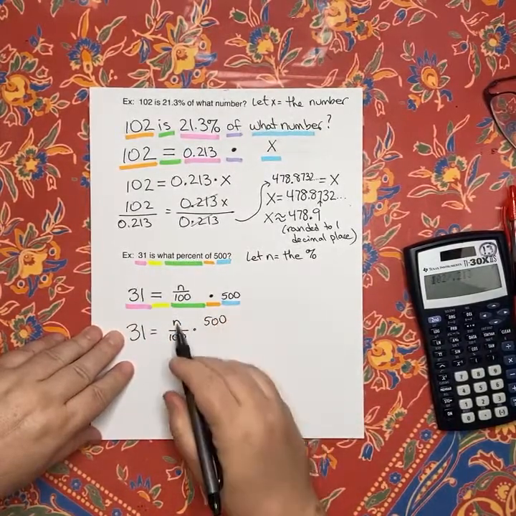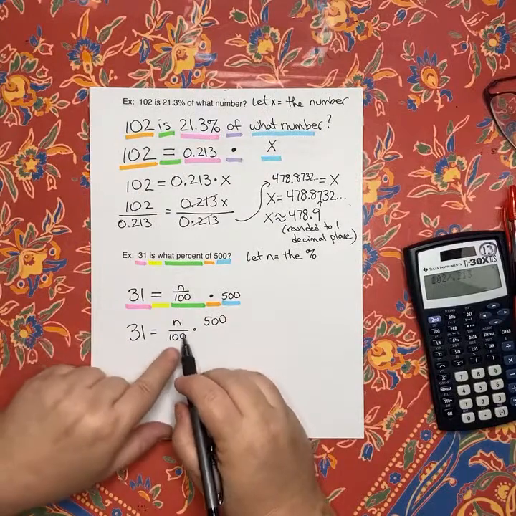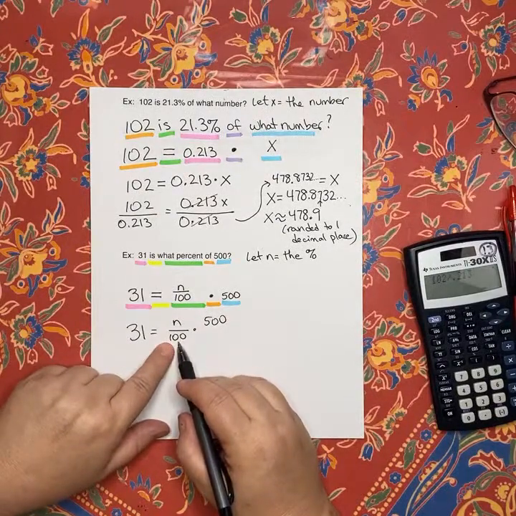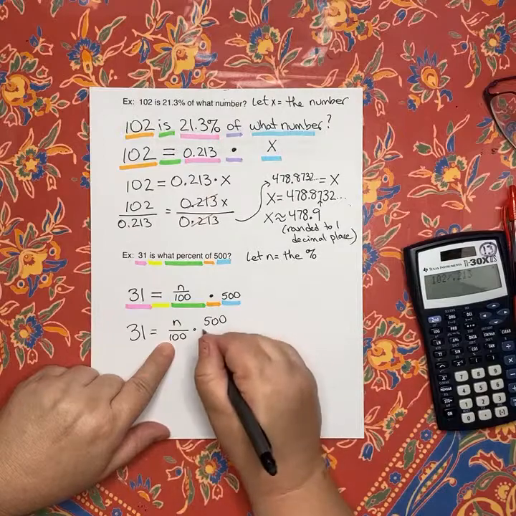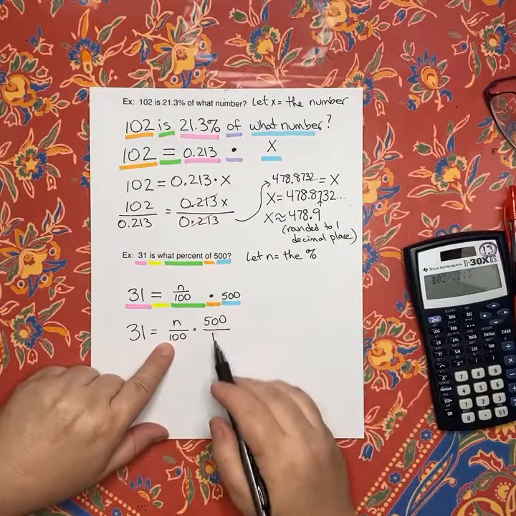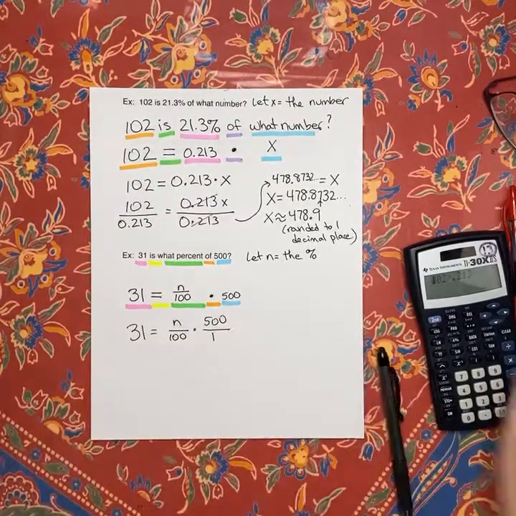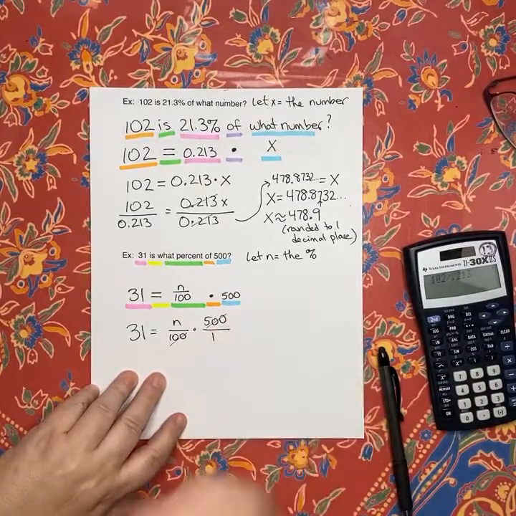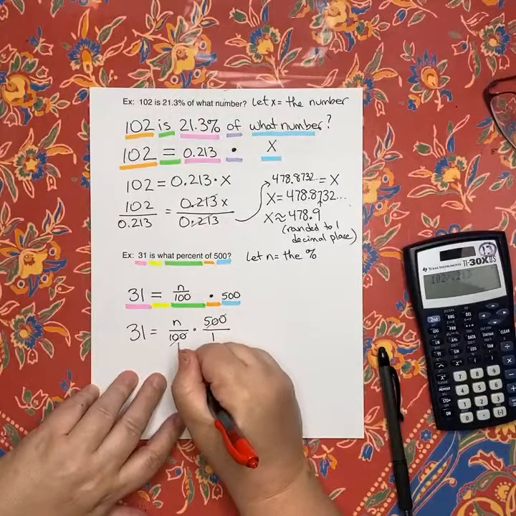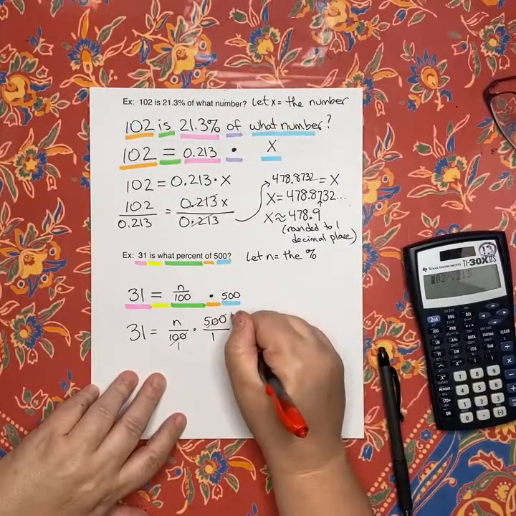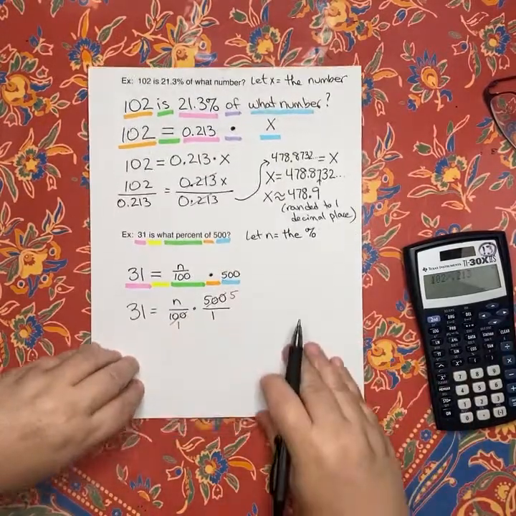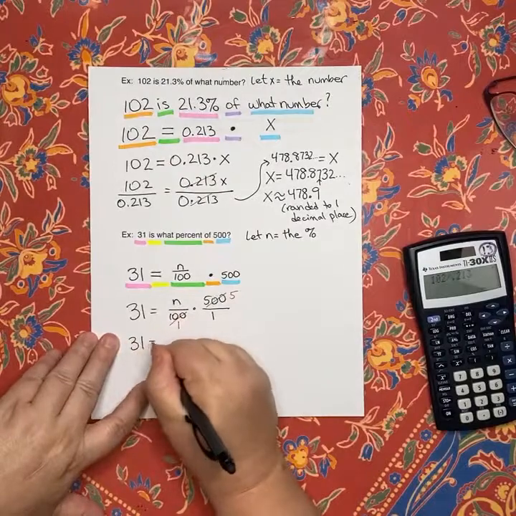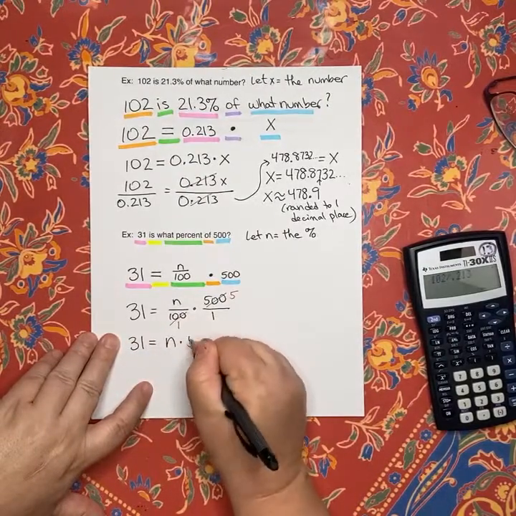And since this is now a fraction, because n out of 100 is a percent, I'm going to write this as 500 over 1. And that's going to allow me to, ta-da, like that. 100 goes once into itself and 5 times into 500. And then I get 31 equals n times 5.